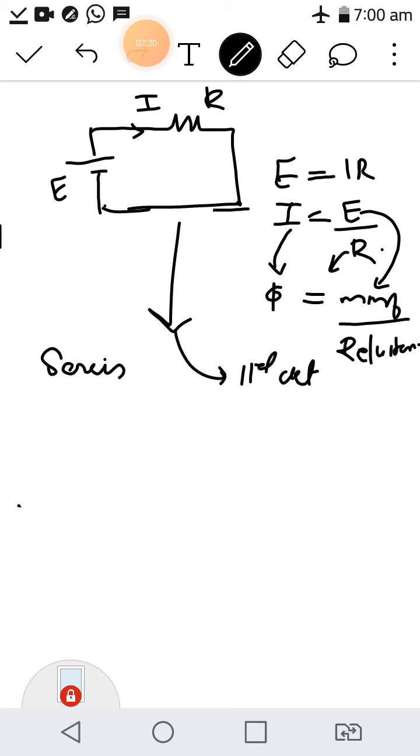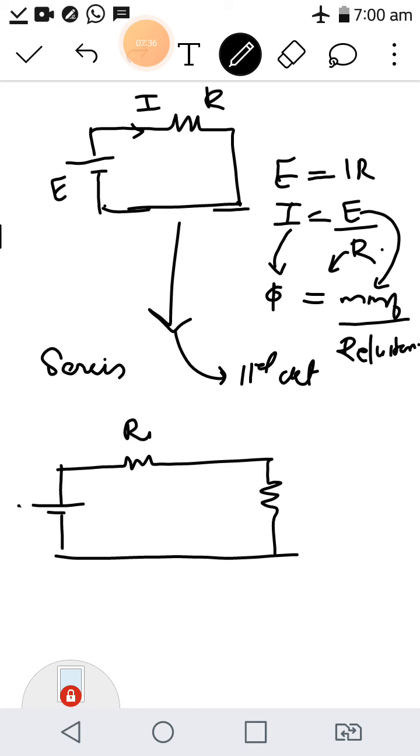For example, in a series electrical circuit, two resistors R1 and R2 are connected in series, with battery EMF E and current I. How do we calculate the equivalent resistance? R equivalent is equal to R1 plus R2 in the case of series electrical circuit.